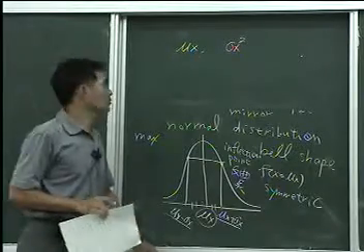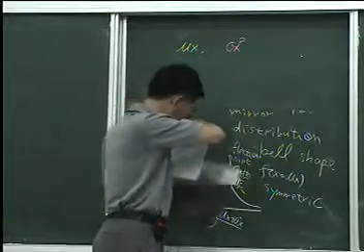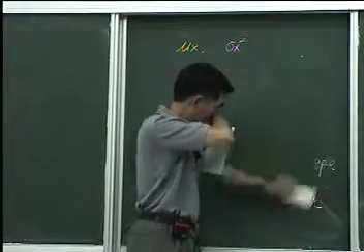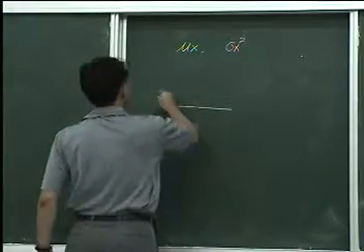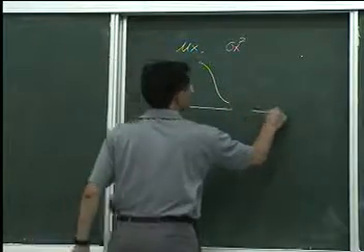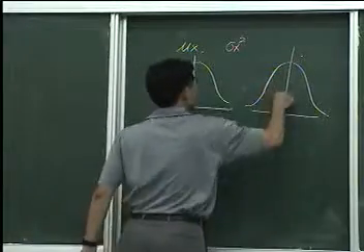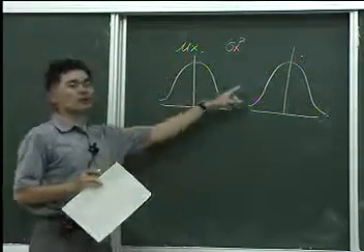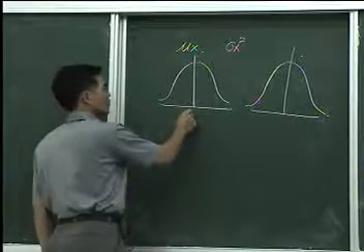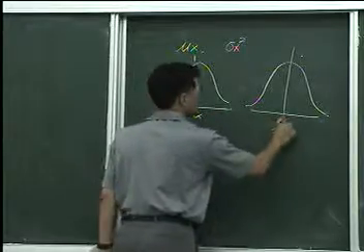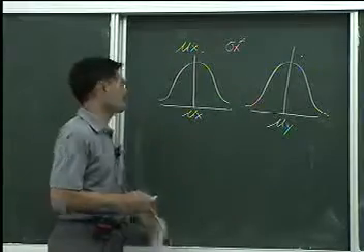But let us talk about some of the differences here first. These two normal distributions are basically the same, but what's the difference? One is mu x, one is mu y, and this mean is larger than this mean.